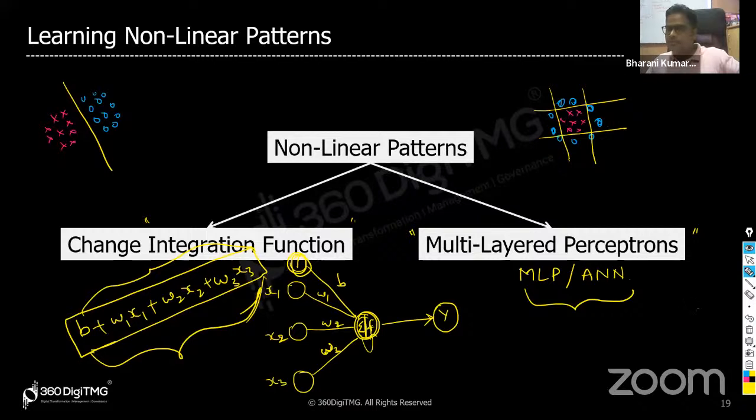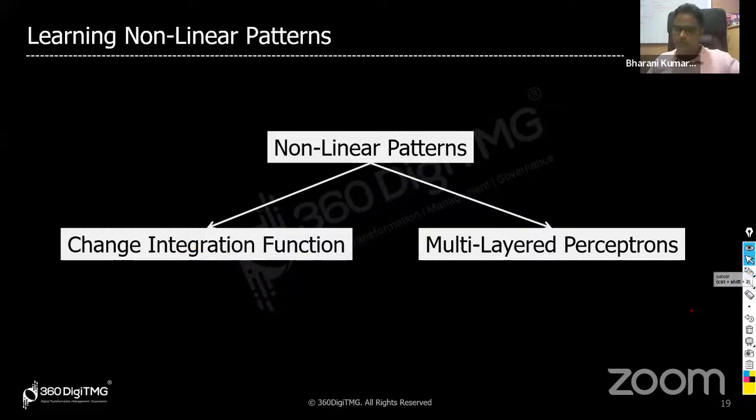The classic neural network algorithm. Perceptron means a single line. If you have multiple lines like that, it is called as what? Multi-layered perceptron.